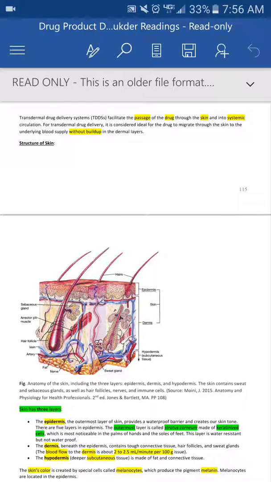The structure of the skin: you basically have your epidermis, the dermis, and the hypodermis. Easy enough, right? But what he's not talking about here is that in the epidermis you have a main layer called the stratum corneum, and then a smaller layer under that called the stratum lucidum.